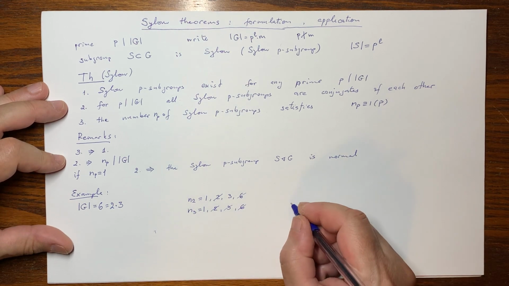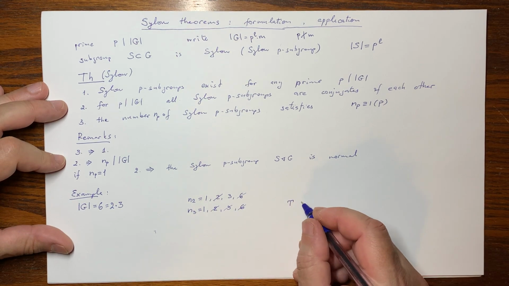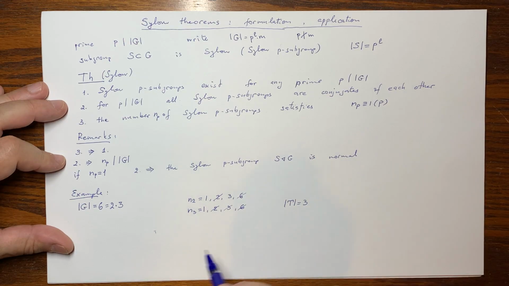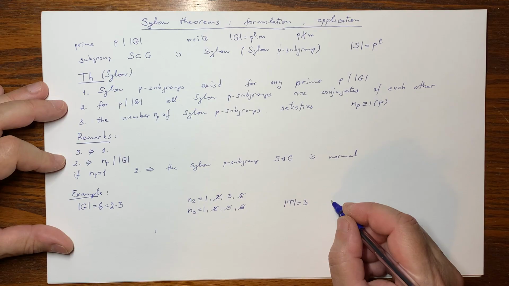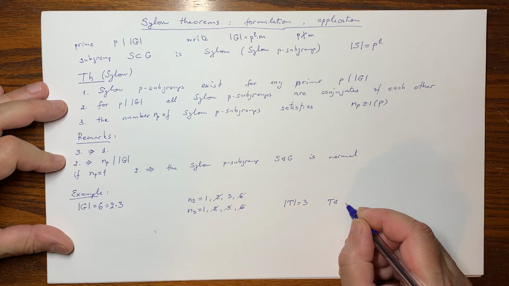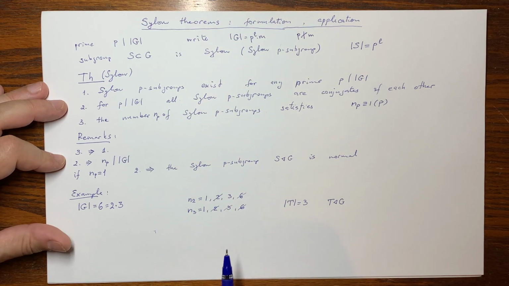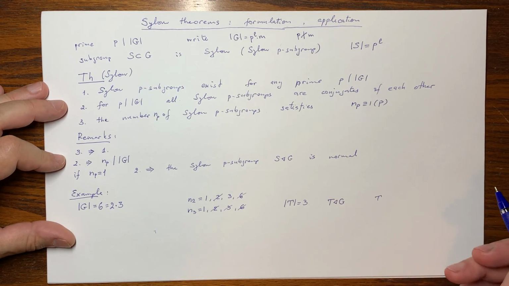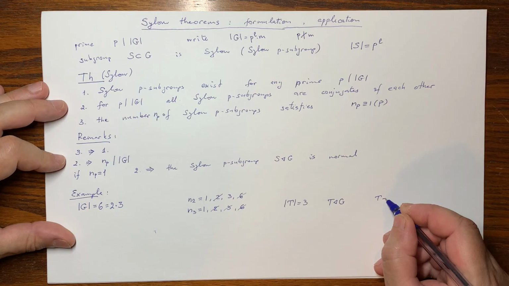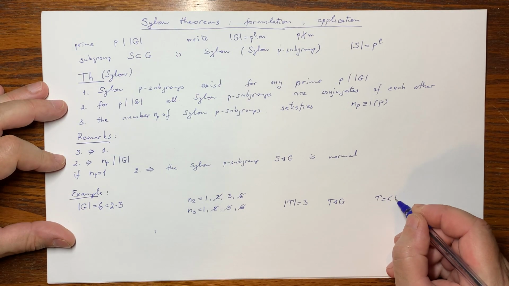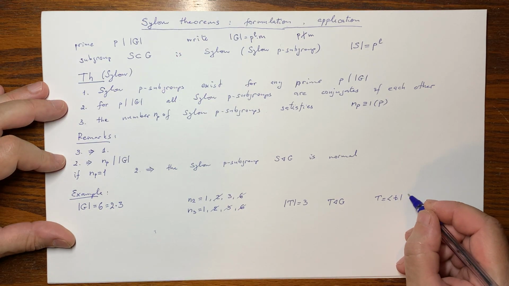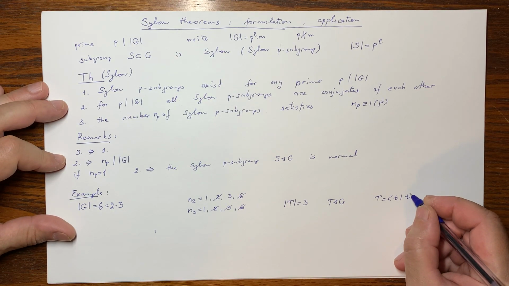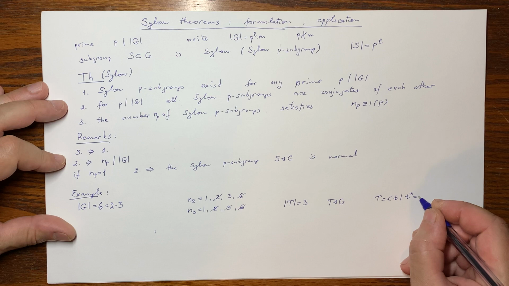So let's call this subgroup T. It has order 3, and by uniqueness it is normal in the group. And as a group itself, T is of order 3, and hence it must be cyclic, so we can choose a generator in it, lowercase t, and then the defining relation for this generator is that the third power is 1.